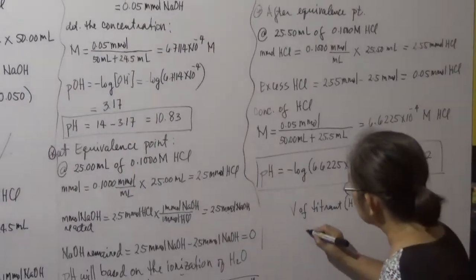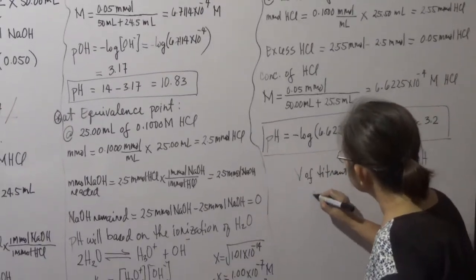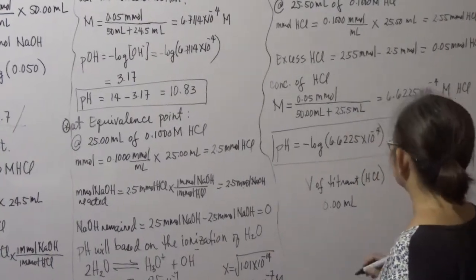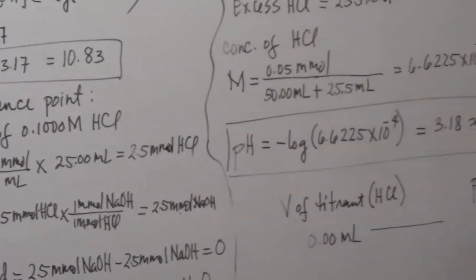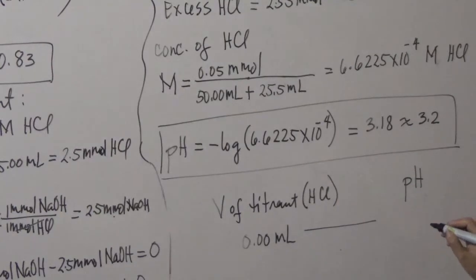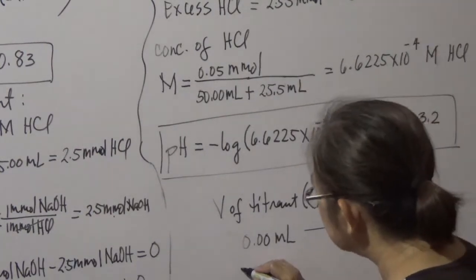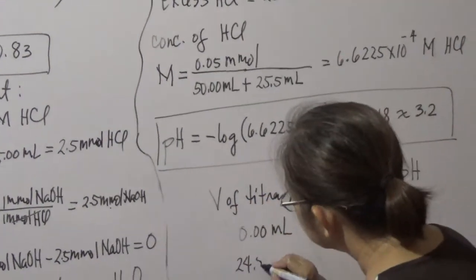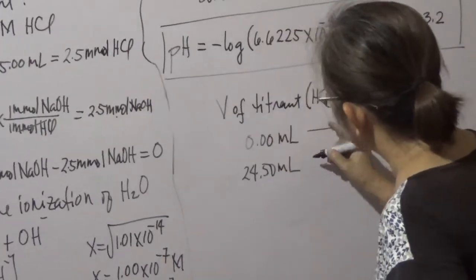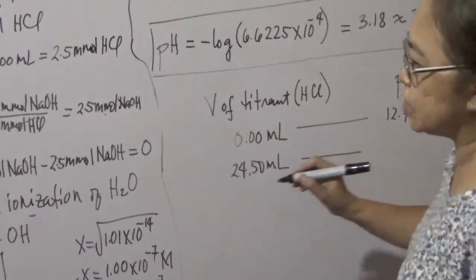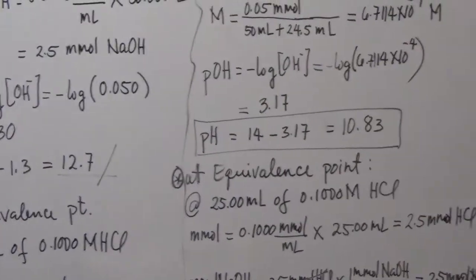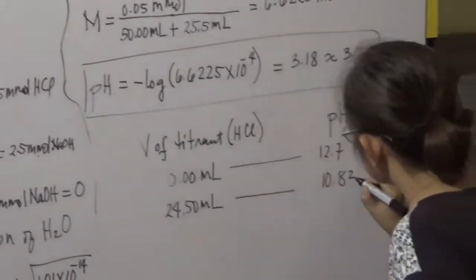So if we have a volume initially of 0 ml, we have not added hydrochloric acid, the pH is 12.7. If we added 24.5 ml of hydrochloric acid, the pH is 10.83.